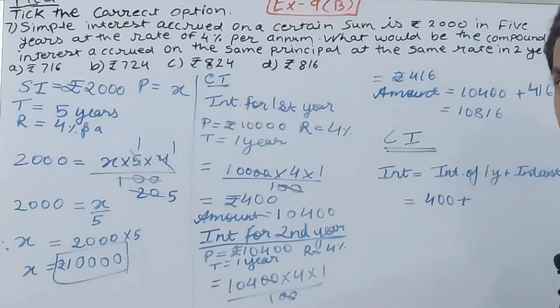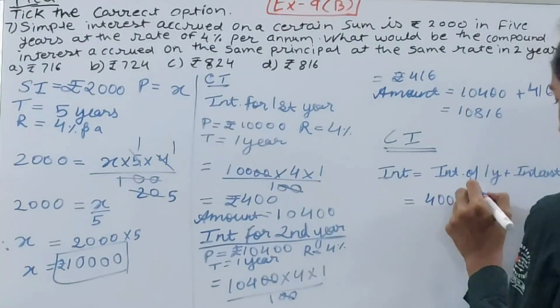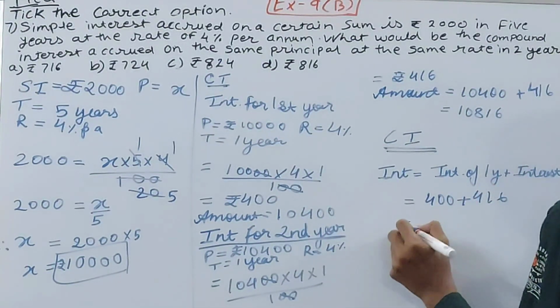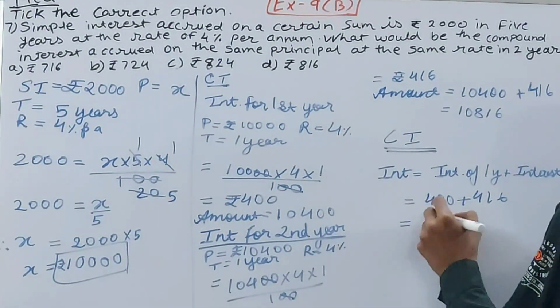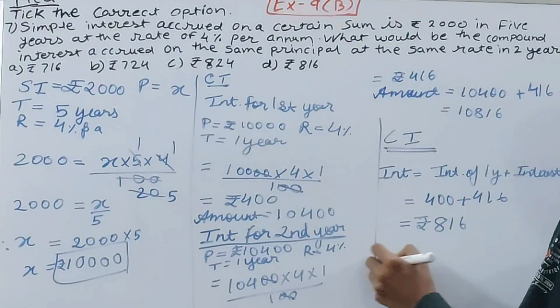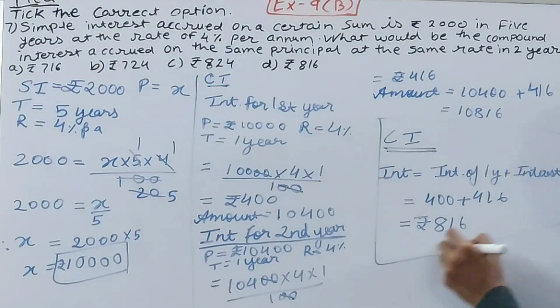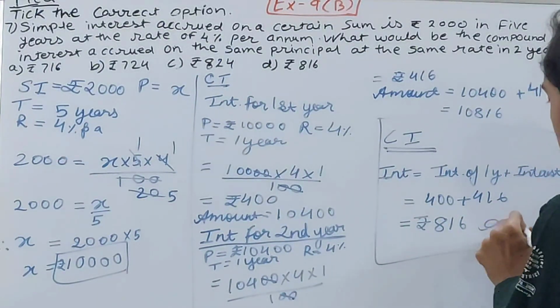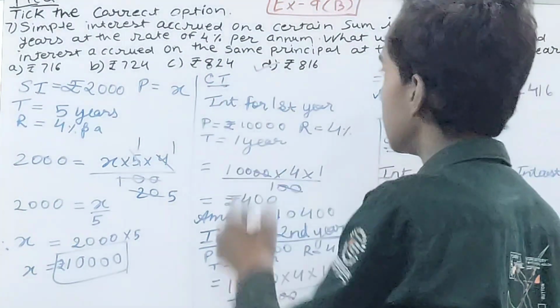So you get 400 plus 416, that is 816 rupees. This is the final answer, the compound interest required, rupees 816. That is our answer. Option D is 816.